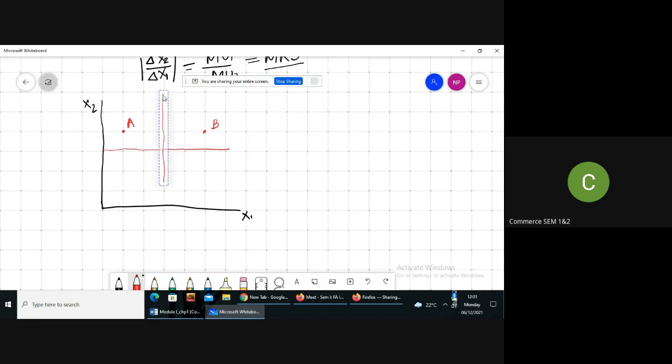Only thing I'm asking you is whether these two points, point A and point B, will give you the same level of utility or not. Yes, sir, same level of utility.